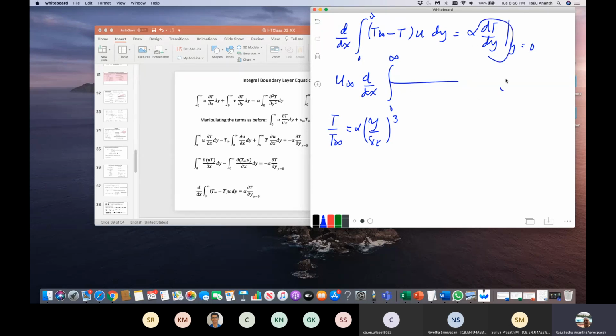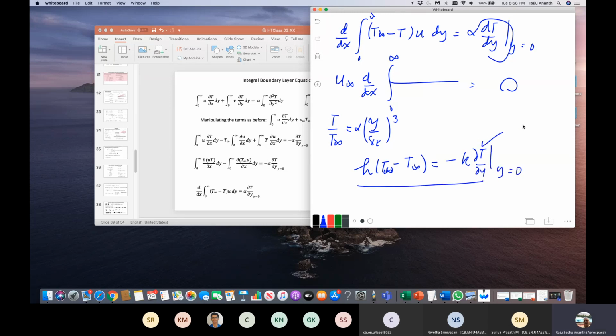Similarly, on the right hand side I substitute, and eventually I can solve for h: T wall minus T infinity, depending on which is heating what, is equal to minus k dT dy at y is 0.